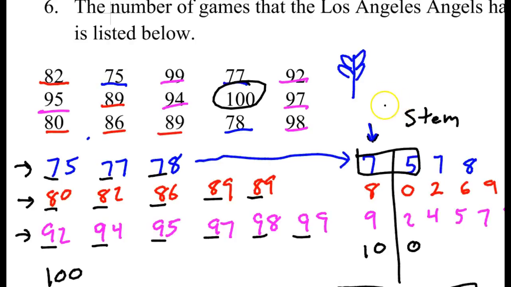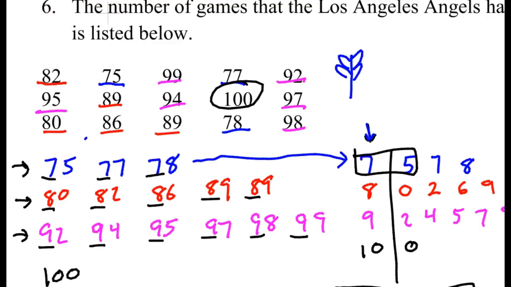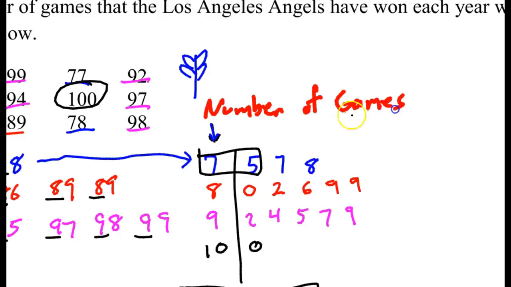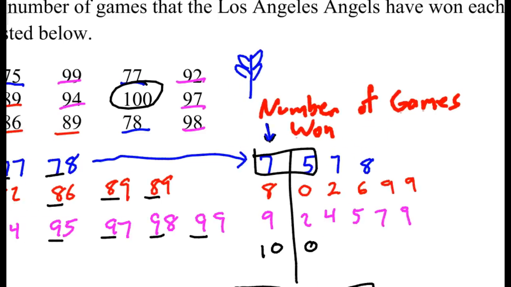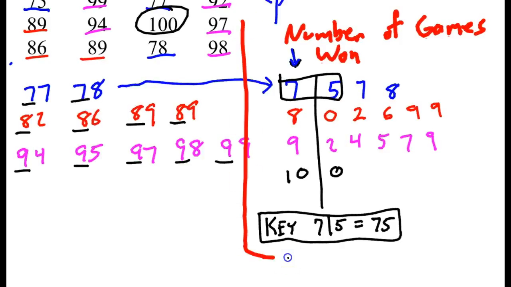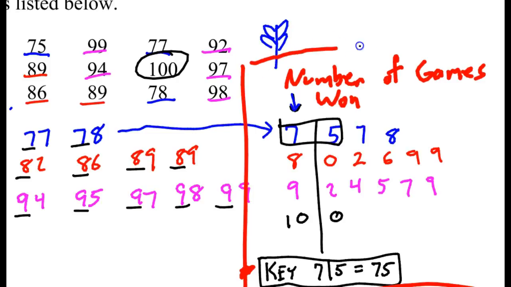So we can say, let's see here, number of games won, something like that. Give it a title. So there is a complete stem and leaf with a key at the bottom and a title on it.